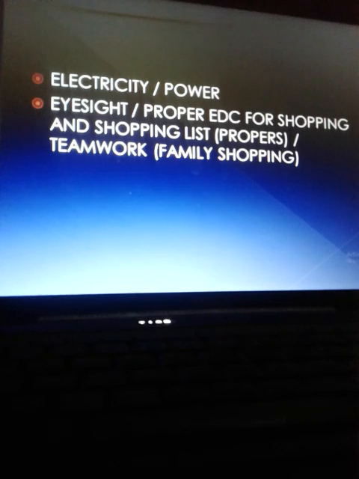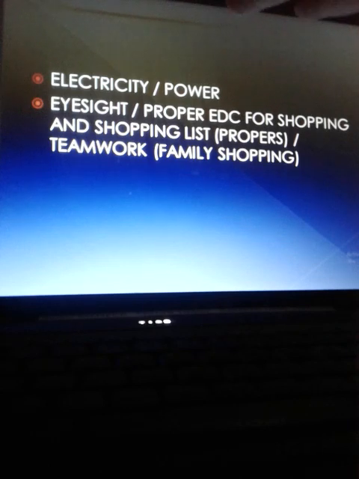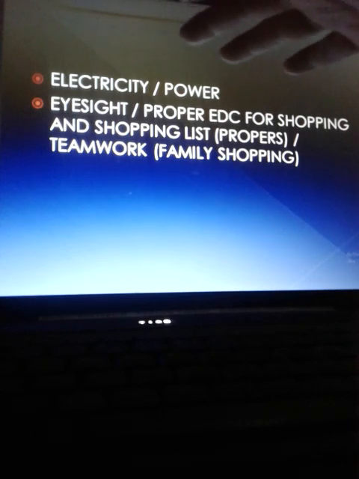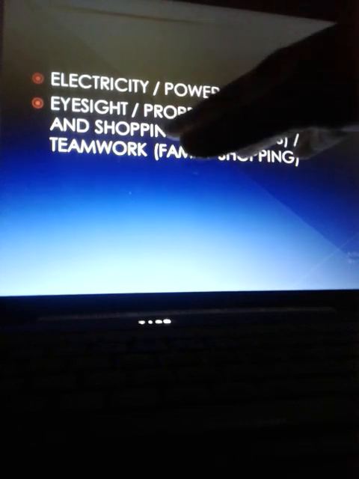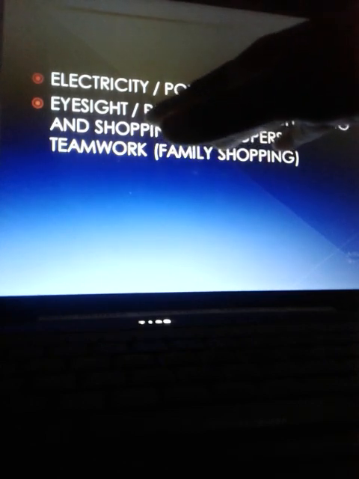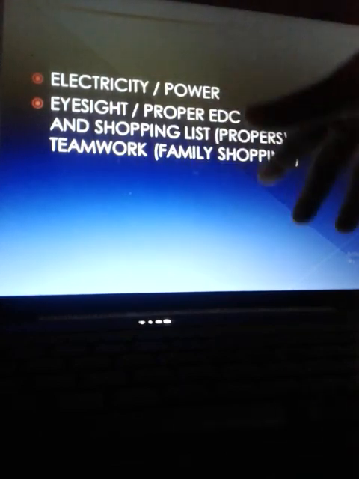And then you need a proper EDC for doing shopping, because if you're going to be pushed around, or you're going to be running, or you are now going to be in a war situation with hundreds of people, even let's say that tomorrow this supermarket gets coffee, and it's too late to unload the crane and things like this, so they're going to do it tomorrow morning.